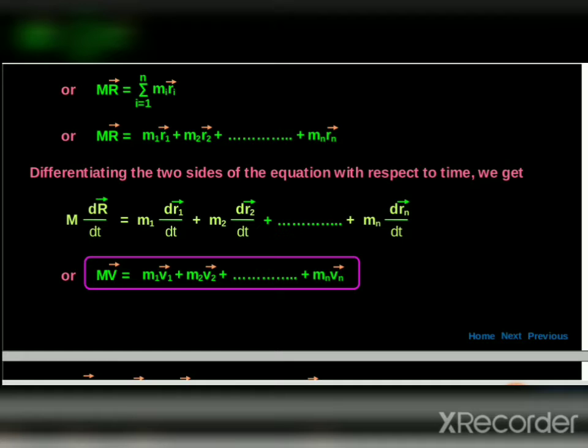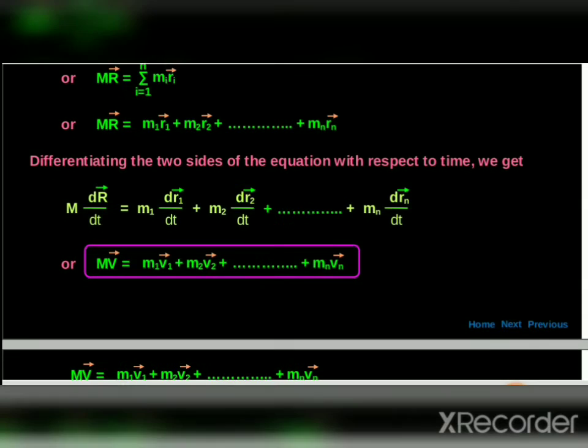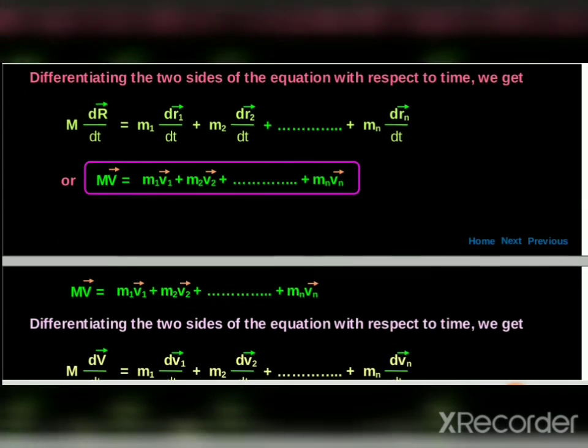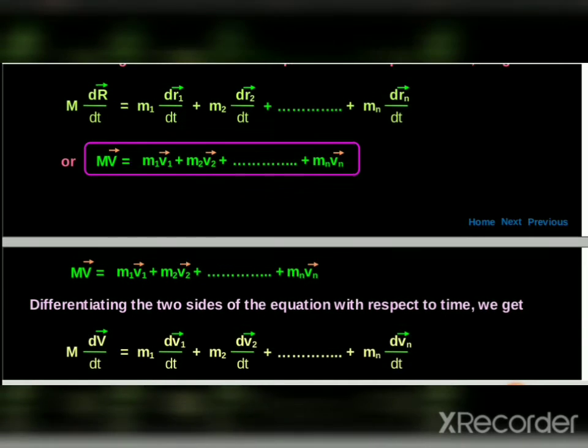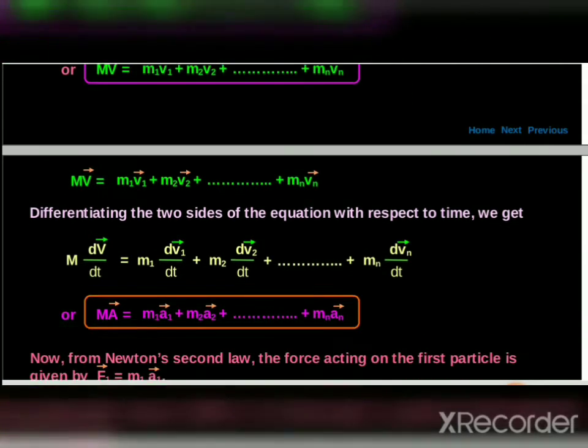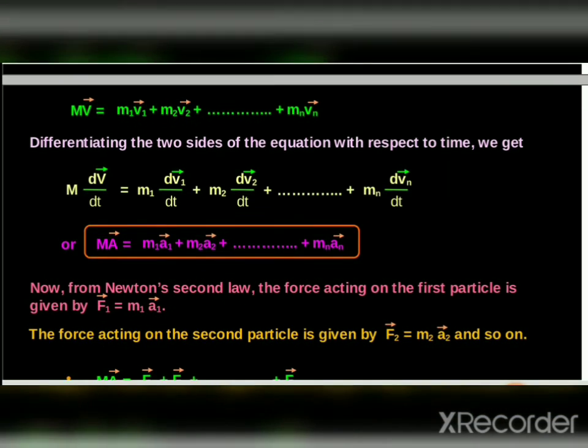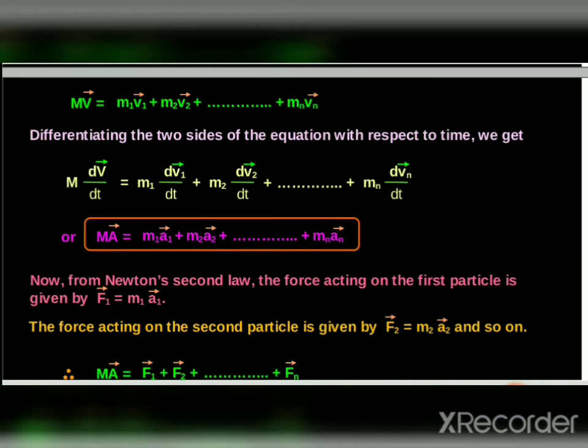So I can write M V is equal to m1 v1 plus m2 v2 and it goes on. Differentiating one more time, you will get dv by dt form, so that is equal to M A. So you can write M A is equal to force F.